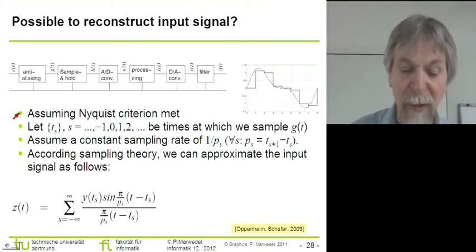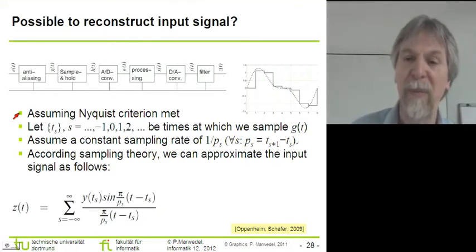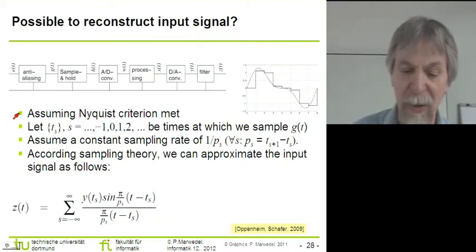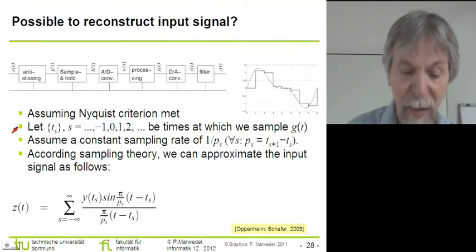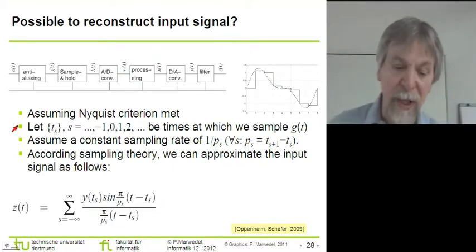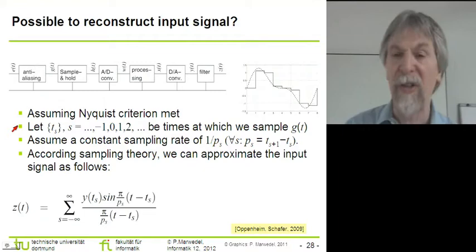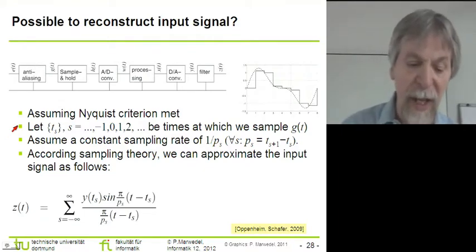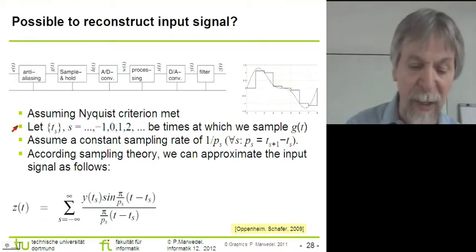First of all, it's obvious that the Nyquist criterion has to be met. If it's not met, we will certainly not be able to reconstruct the input signal, so therefore we have to assume that this is actually met. Then furthermore, we assume that we are sampling the original input signal at certain instances of time.